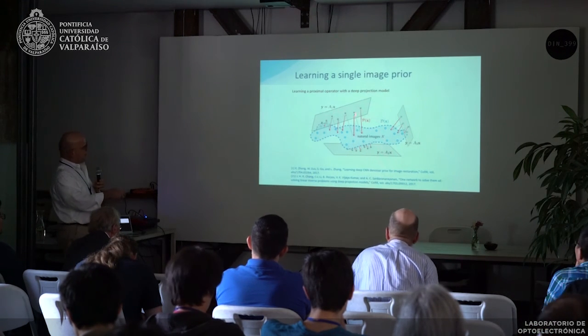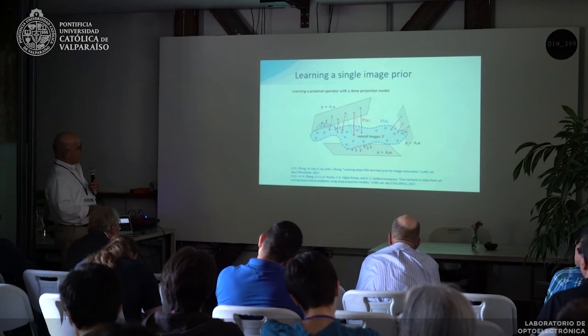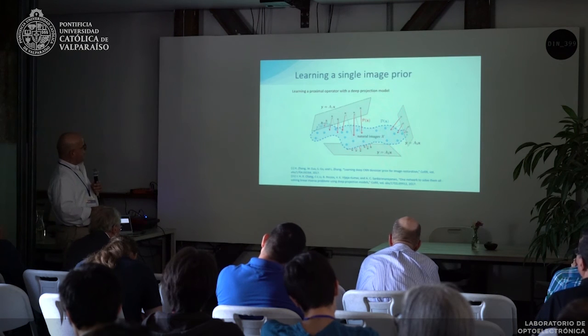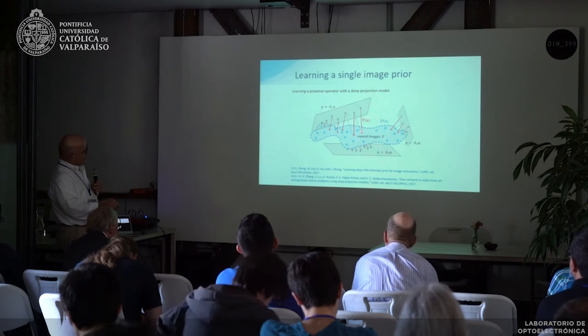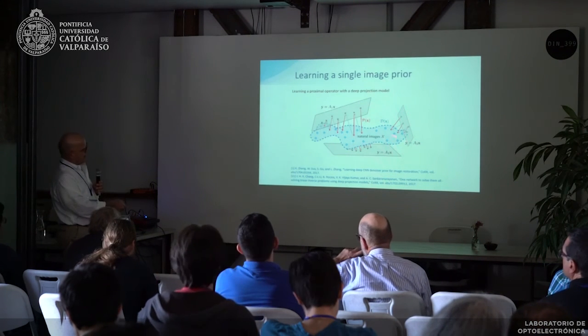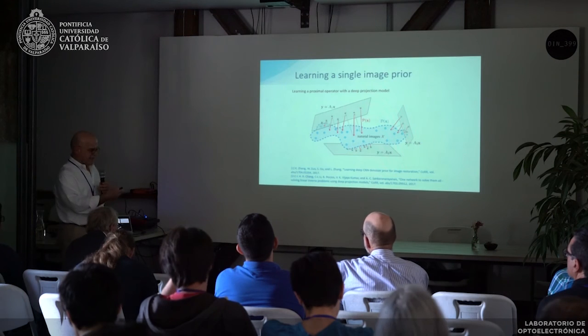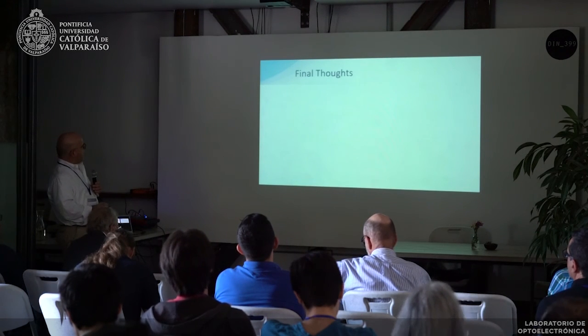So you do this proximal projection into one of these planes, and this way you solve the problem once and through this proximal operator, you can bring the prior knowledge about the natural set of images that are underlying your observations.